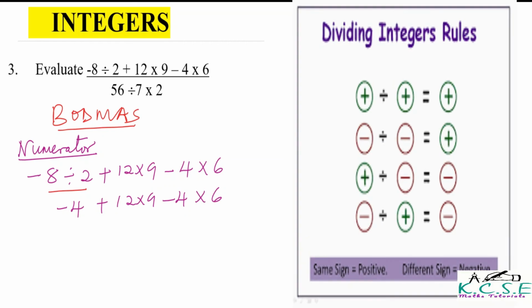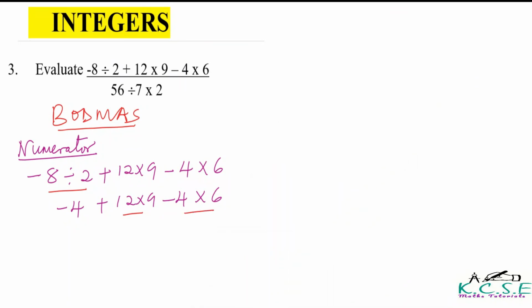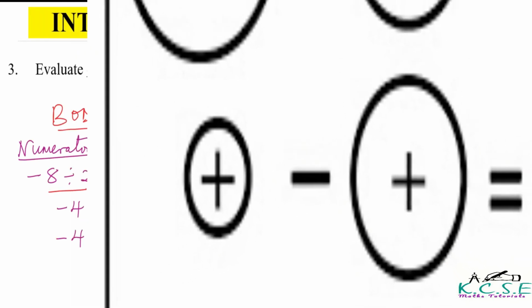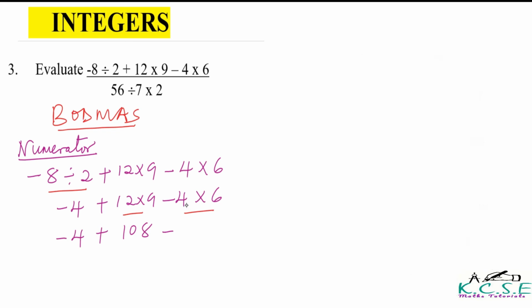After that operation, we go to the next operation, that is multiplication. Those are the two areas where we have multiplication. So negative 4 plus, this is 108, 12 times 9. Then this is negative 4 times 6, which is negative 24.